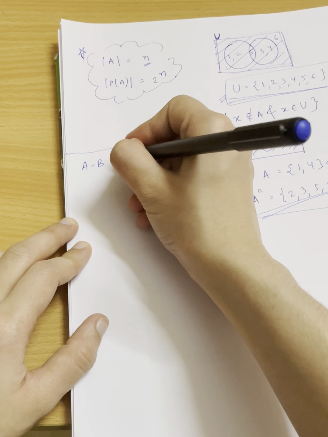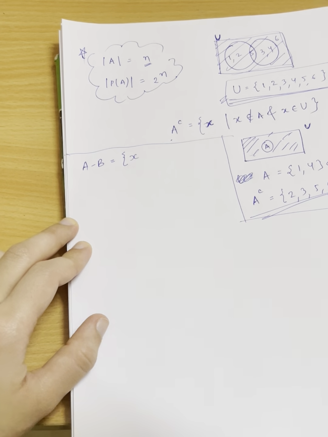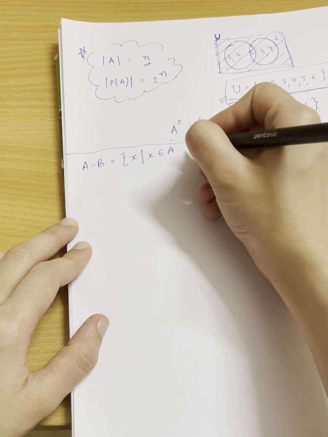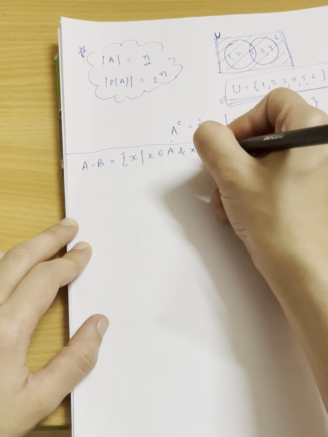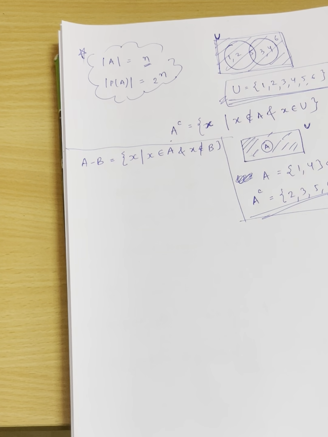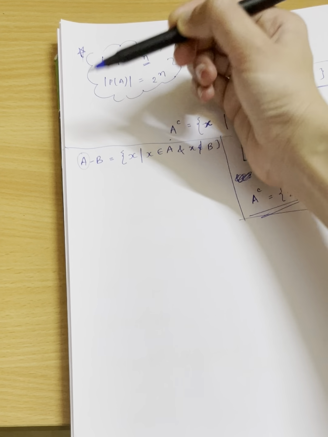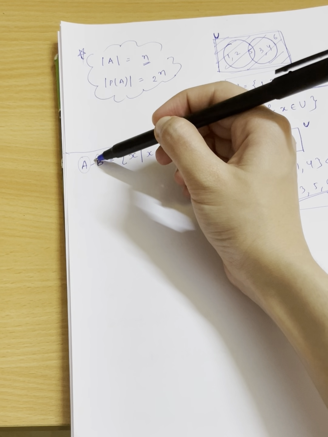Set difference is, suppose x is an element, here x belongs to A and x does not belong to B. What does this mean? An element which belongs to this set but does not belong to this set.